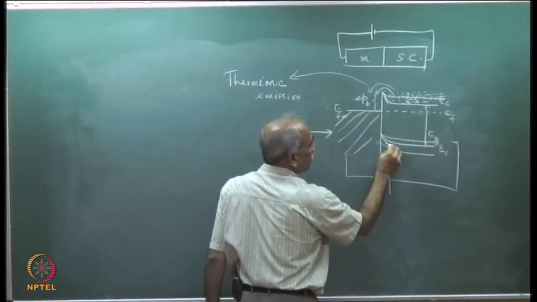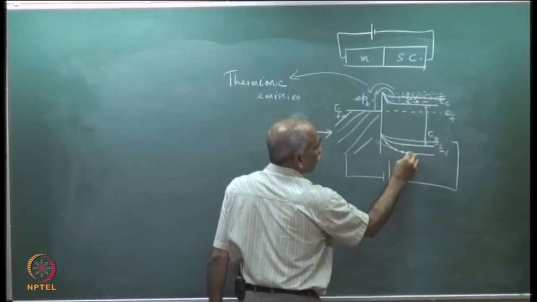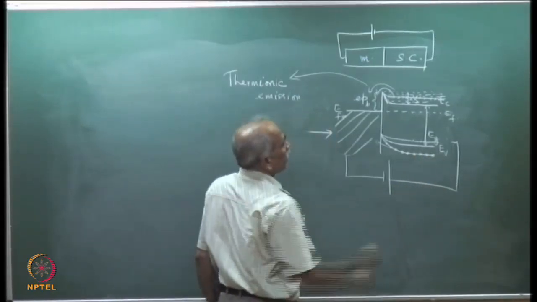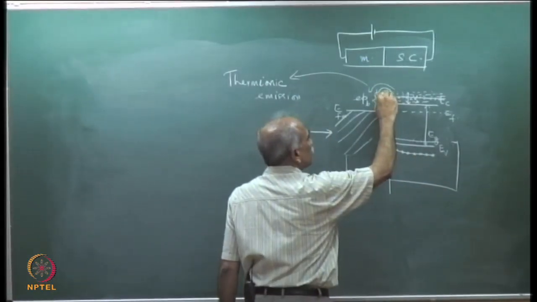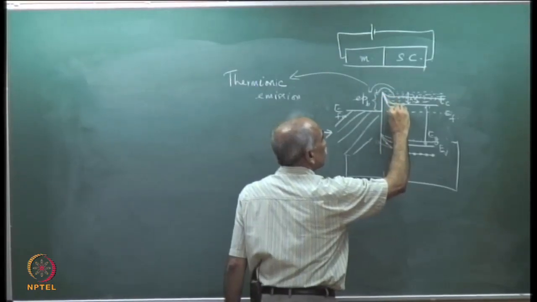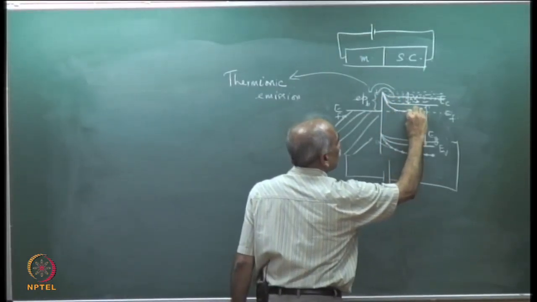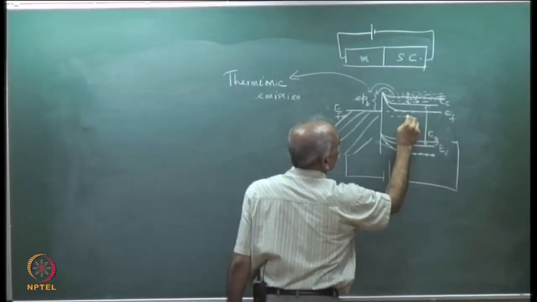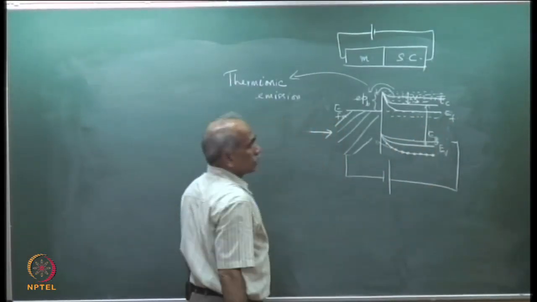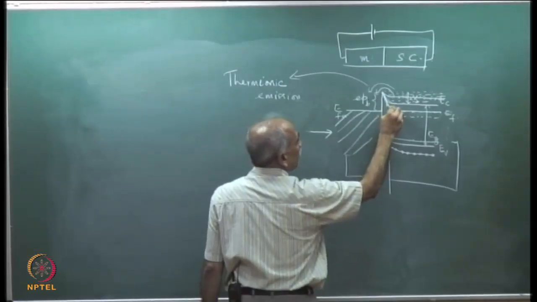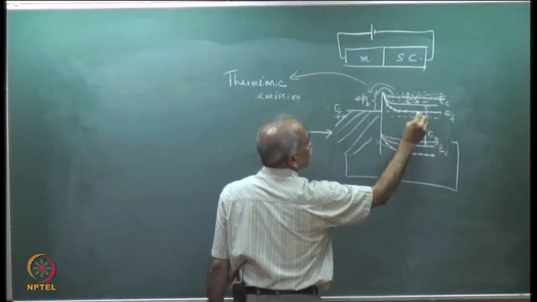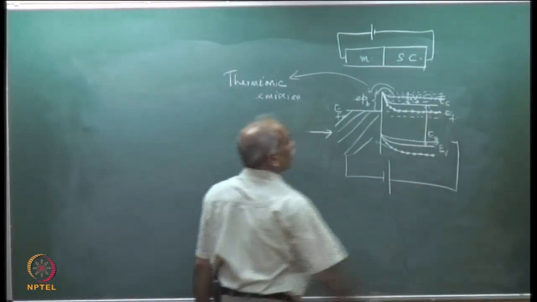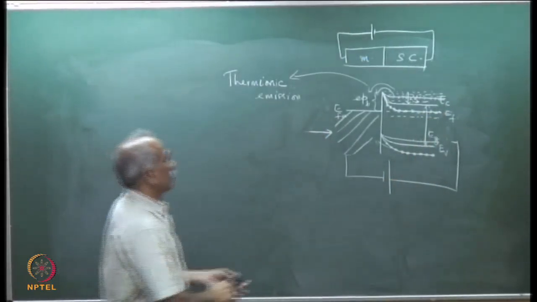Let me show these with a dotted line, just to distinguish. And similarly here, this will also come down, and the Fermi energy comes down. If you wish you could draw a separate diagram, but I want to show it in the same diagram because you can see all of them simultaneously.